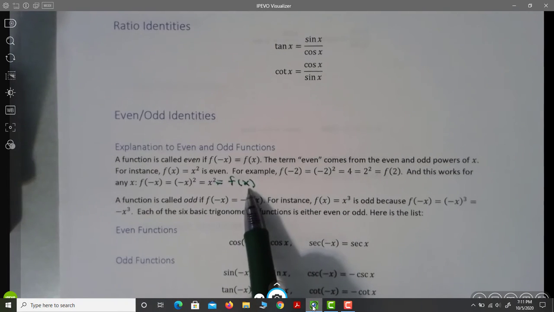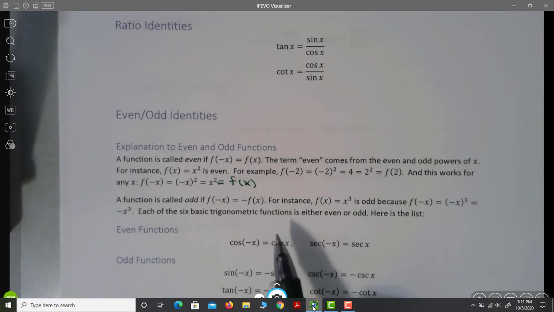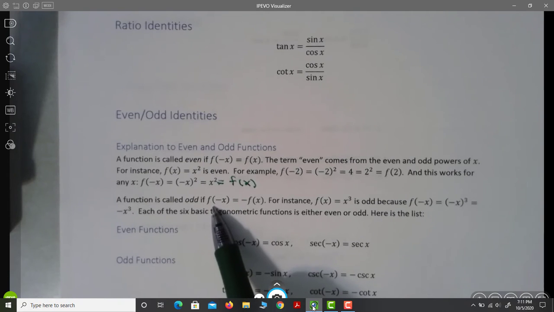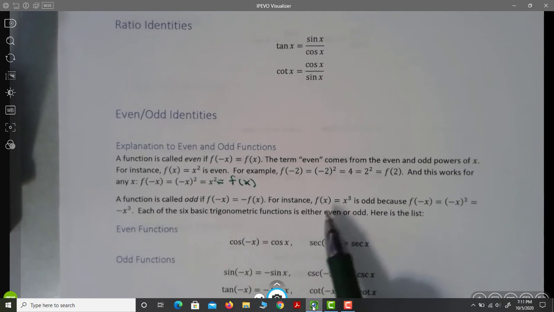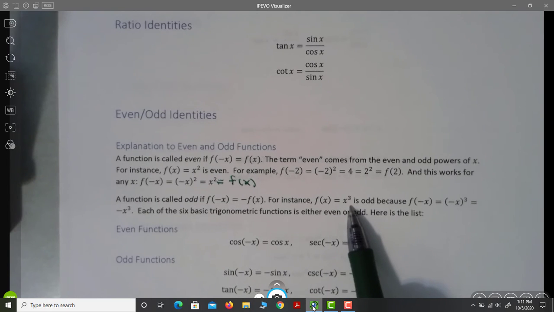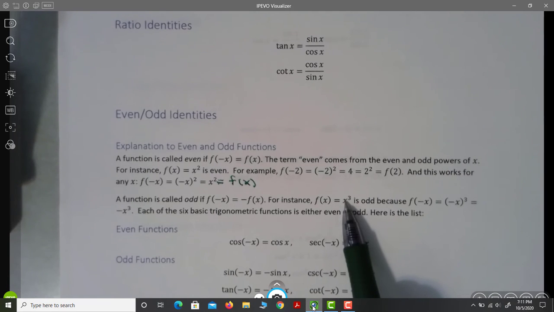We're really drawing the names from the powers of x. The even powers of x are even functions, and the odd powers of x are odd functions. Now, an odd function has this property: f of minus x is minus f of x. So x cubed has that property, and you could check that out by, let's say, plugging in 2 and minus 2 again. If I plugged in 2 here, I'd get 2 cubed is 8.